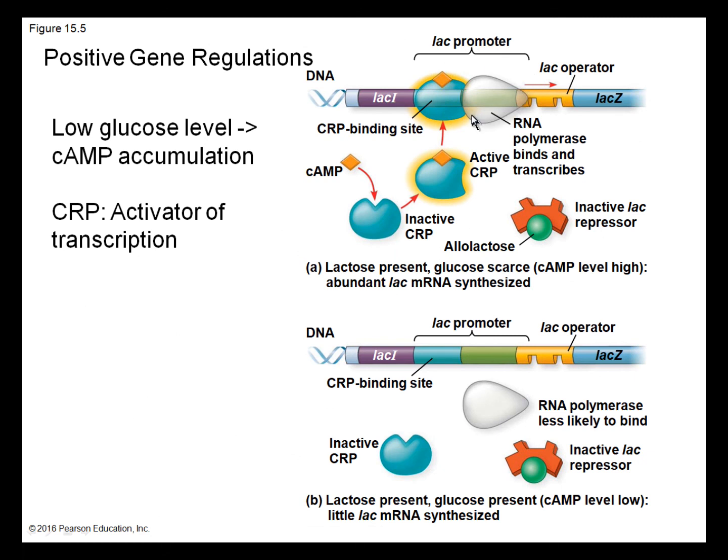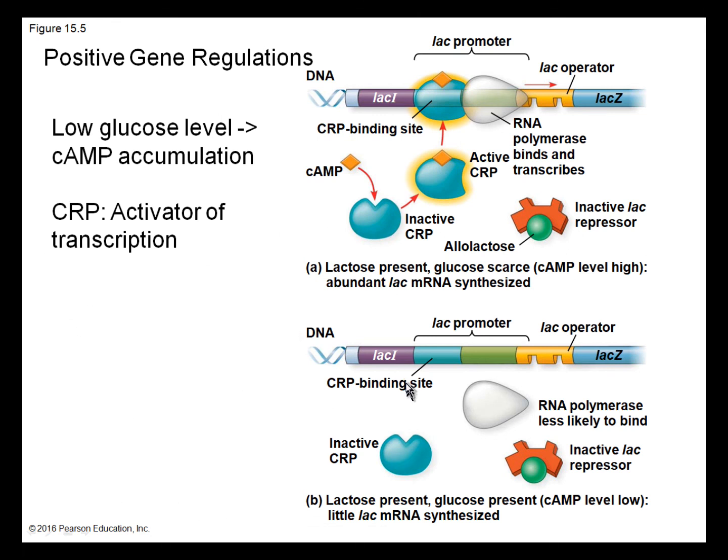And that in turn drives the transcription if you have an inactive lac repressor. So in the presence of lactose, you have lacZ and other genes expressed. This is active regulation, I mean positive gene regulation.